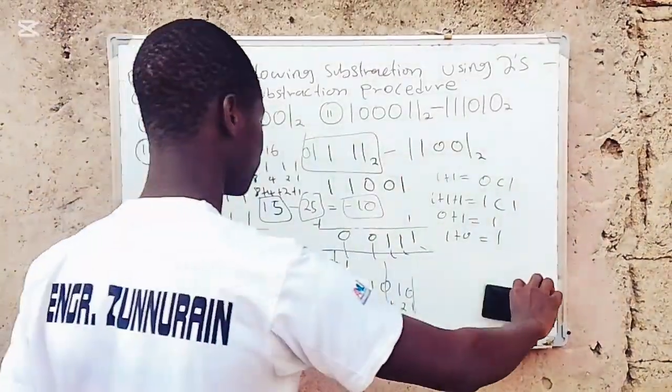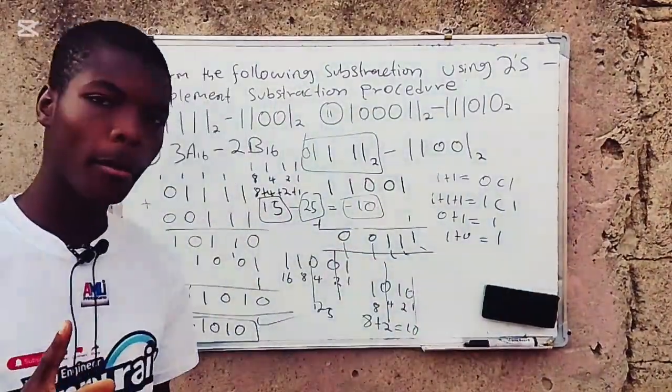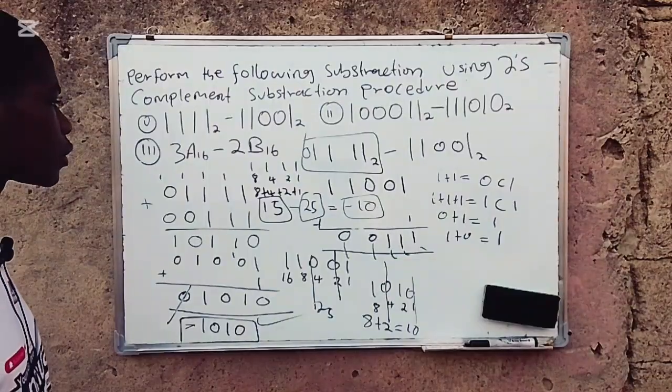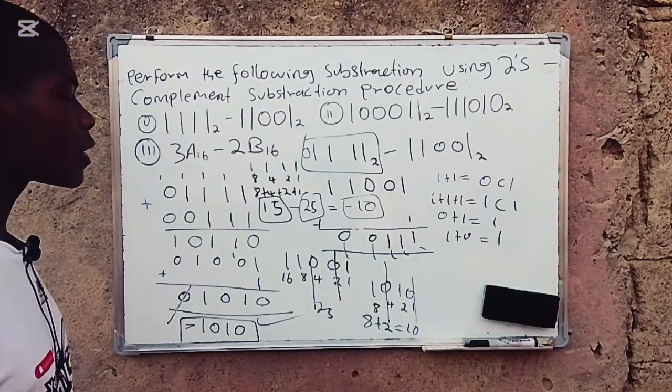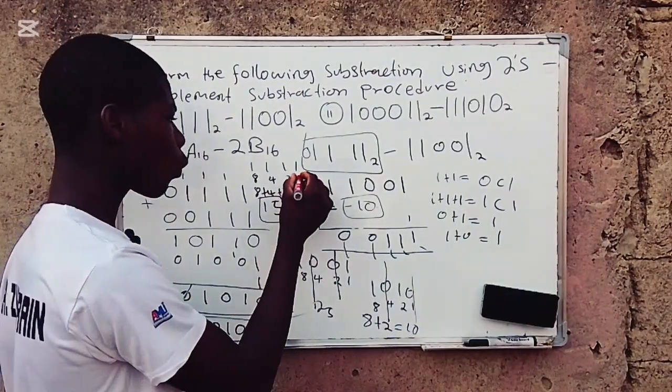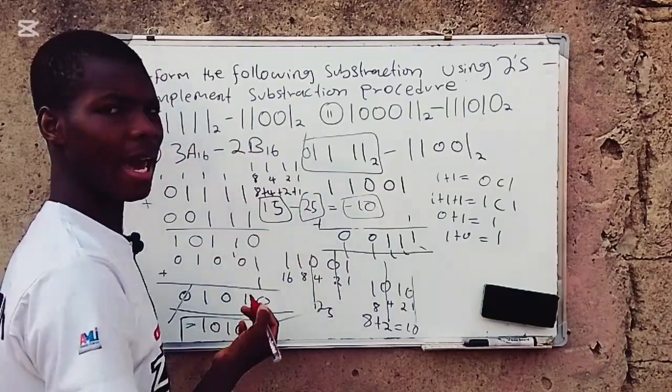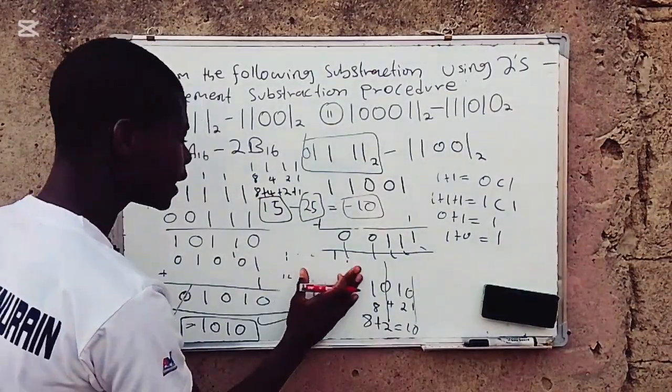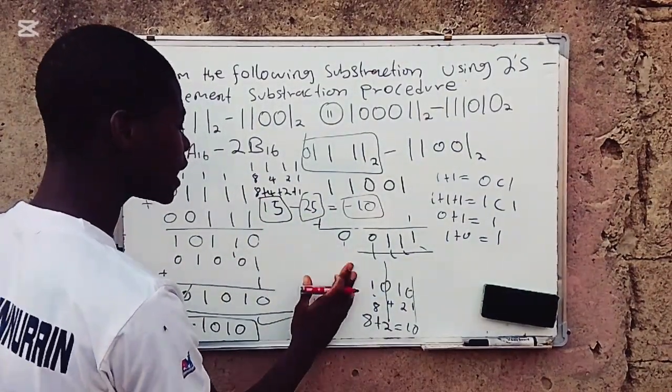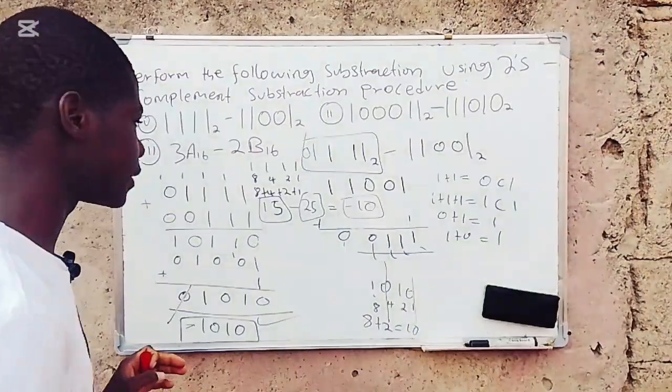So let's take a look and see whether we can find the second question. But mark you, there is one thing that I want to tell you. Someone might say, why am I putting 1, 2, 4, and 8? That's the easier way to find the decimal of a binary.